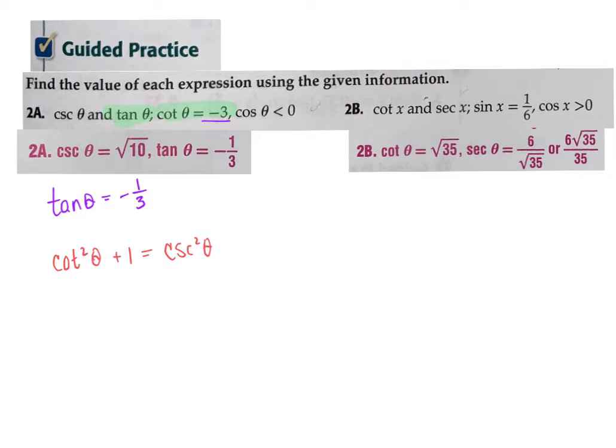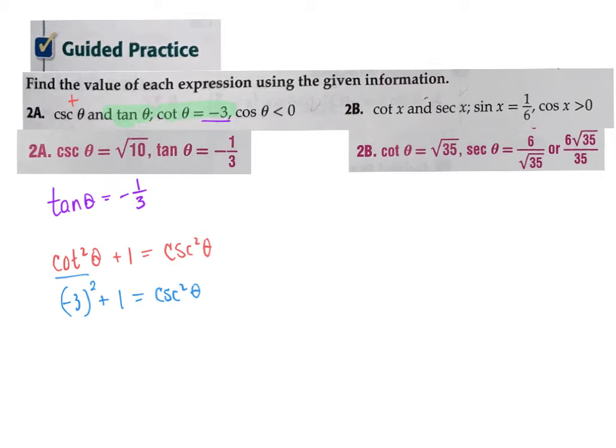All right, so I know that this right here is going to be a positive because my cosine's negative, but I have a negative tangent. All right, so I'm going to plug in what I have here. My cotangent is negative 3. Negative 3 squared plus 1 should equal my cosecant squared.